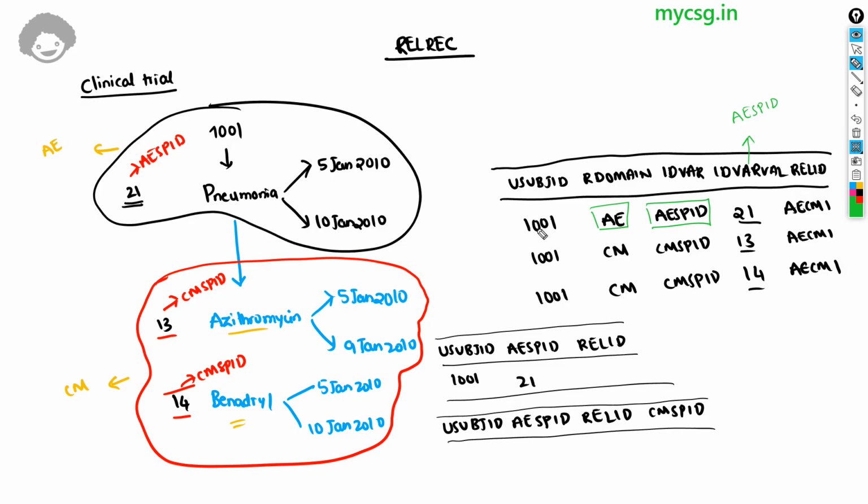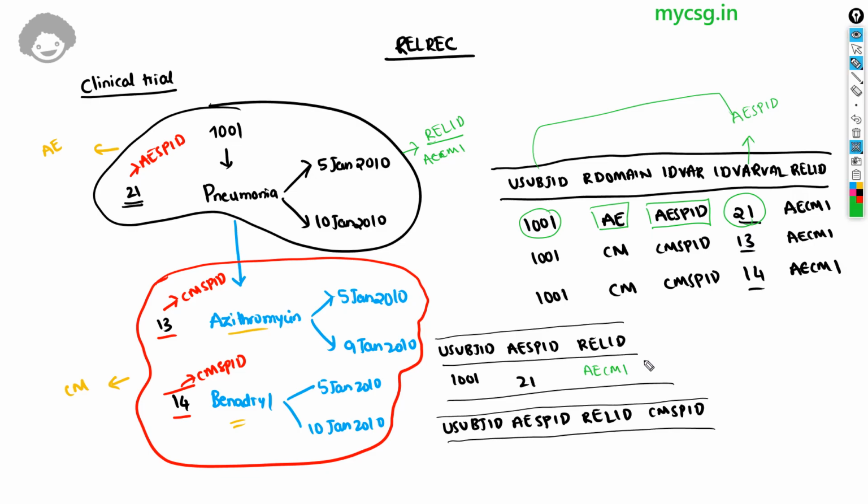We can now merge this AE dataset and this subsetted RELREC dataset by USUBJID and AESPID. We will now get the associated RELID, which is AECM1 in this case.